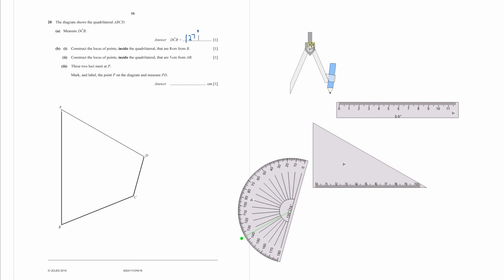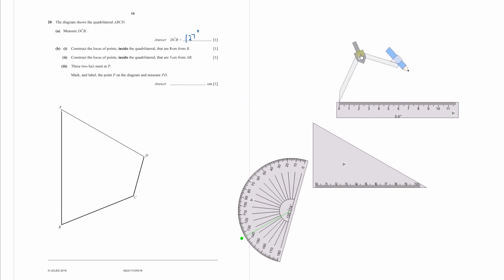Part B is construct the locus of points inside this quadrilateral that are 8 centimeters from B. So that will be an arc of radius 8 centimeters, but inside this quadrilateral only. So let's use our compass here and open it up to 8 centimeters. Let me place it at 0 and open it up to 8 centimeters. Oops, made a mistake.